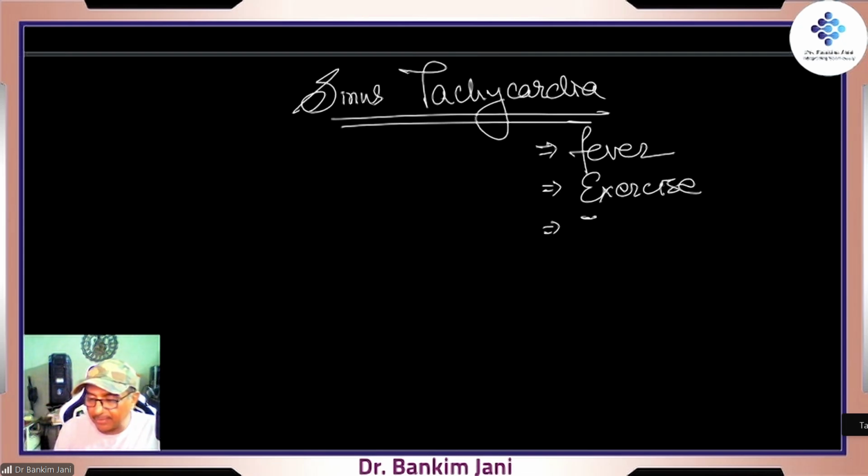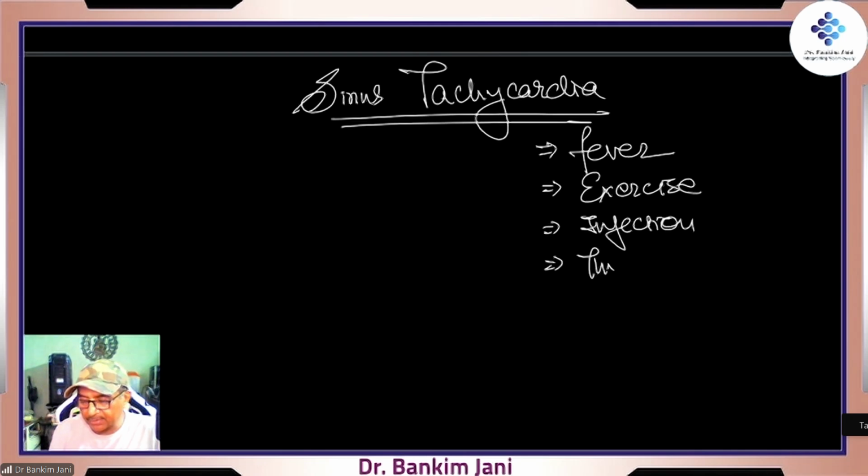If there is infection, at that point it is necessary that the heart should beat faster so that more blood and more forces, our forces of WBC, white blood cells, reach the target for the attack.